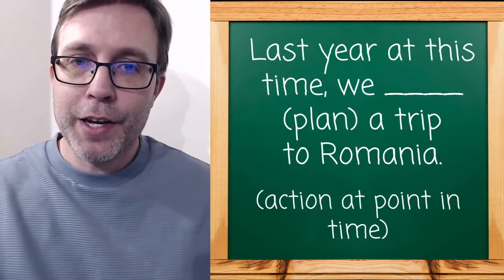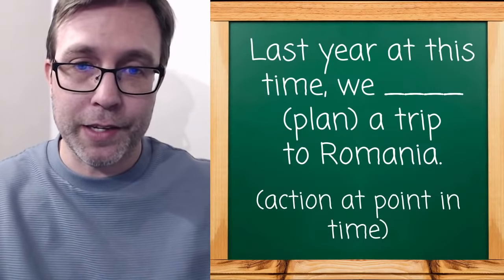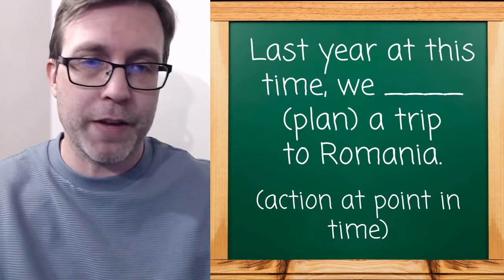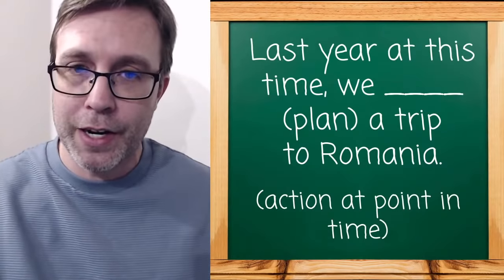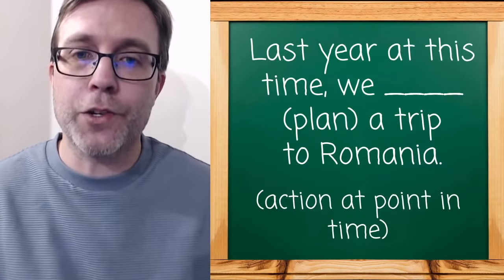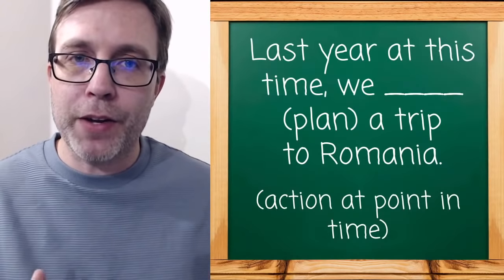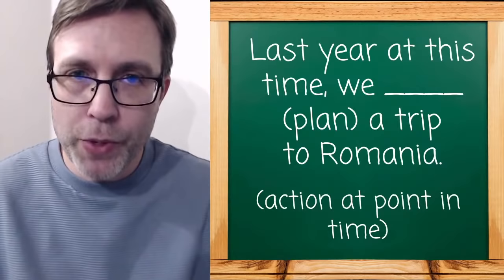Excellent. Here we go. And this is true, actually. This is a true sentence for me and my family. I'd say, "Last year at this time, we a trip to Romania." Your clue is I'm talking about an action at a point in time.